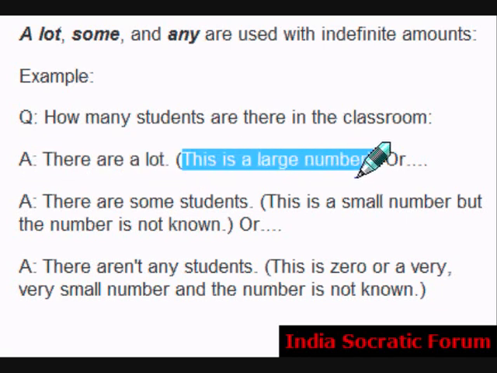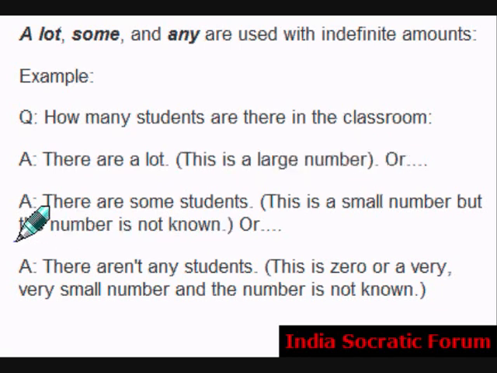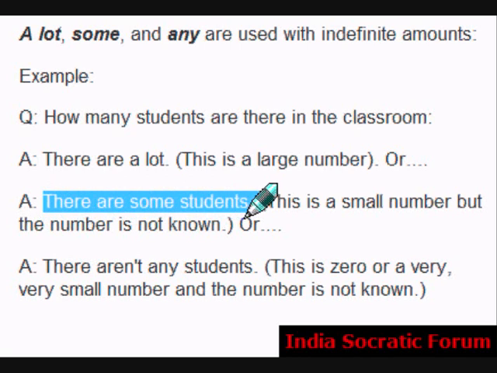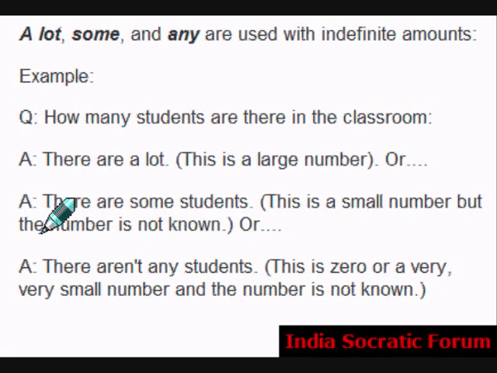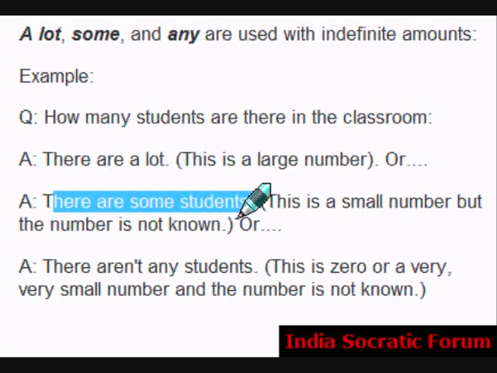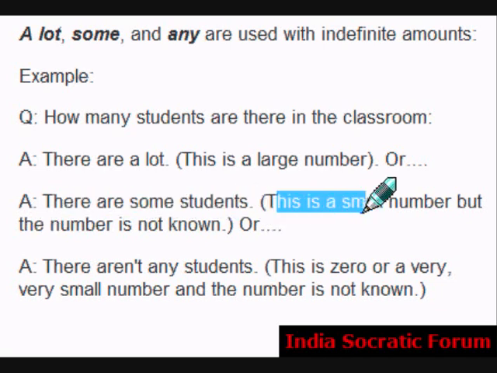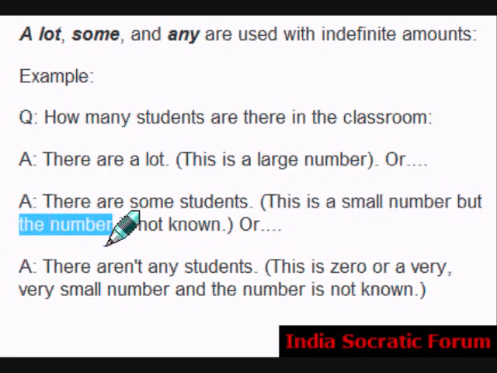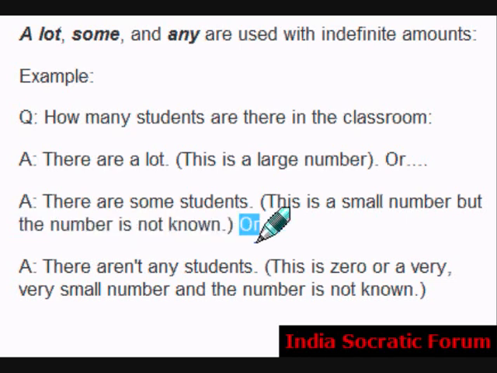This is a large number. Or you would say there are some students. If there are a few, a smaller number of students, you would say there are some students. This is a small number, but the number is not known. Still you don't know the number. The class is not full. Okay. Or what would you say?